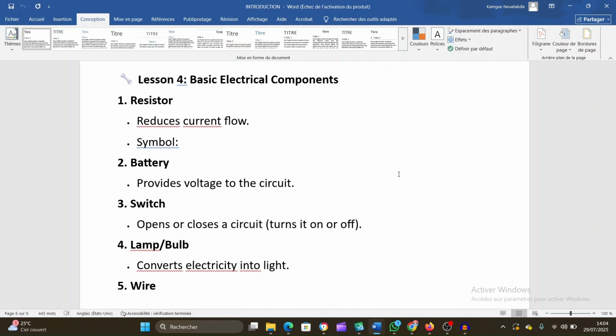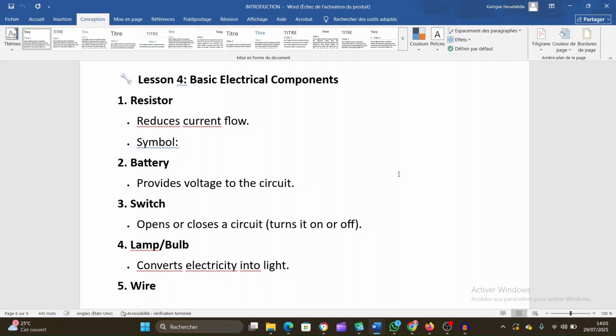And another component without which we cannot have light in our house is a wire, which conducts current between the components. For example, if you put a bulb here and a switch here, if there's no wire to connect these two components, it can't work.